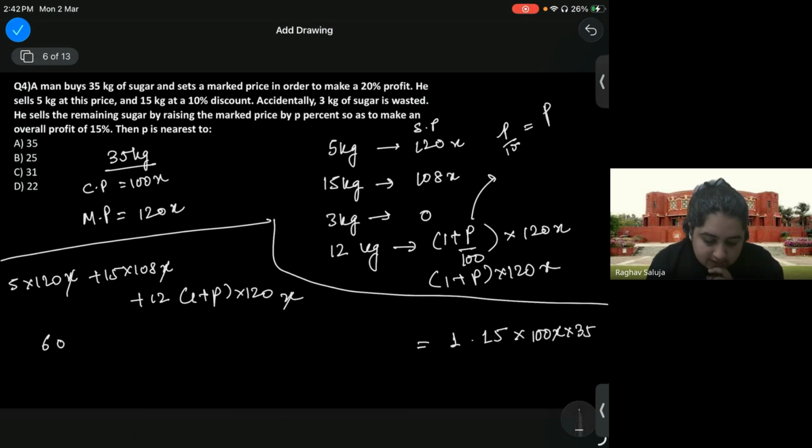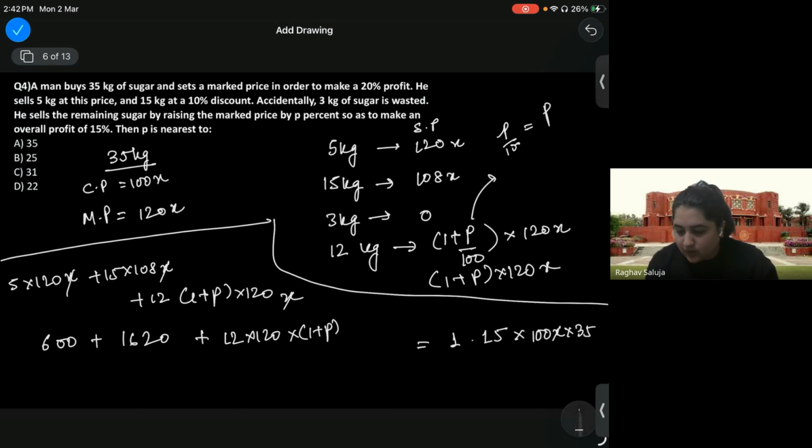So this will be 600 plus 15 into 108, which is 1620, I think. Let's calculate it. 15 into 108 is 1620, plus 12 into 120 into 1 plus P, which will be equal to 1.15 into 3500.